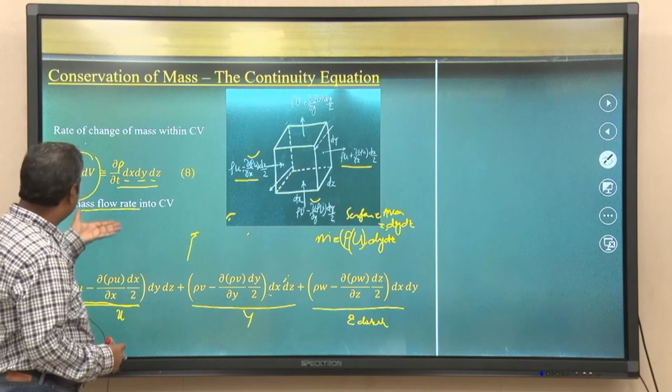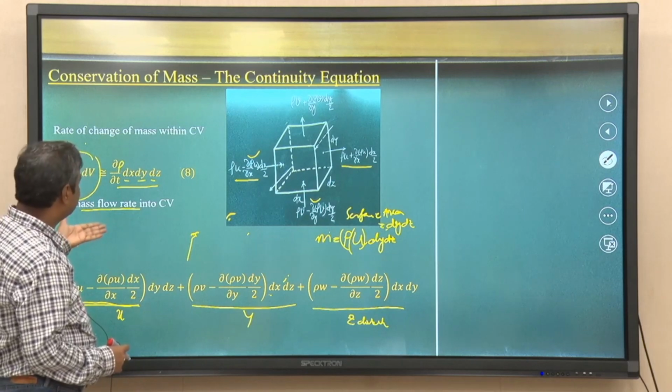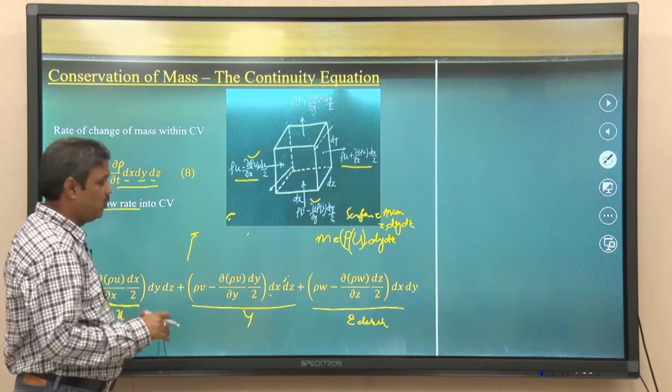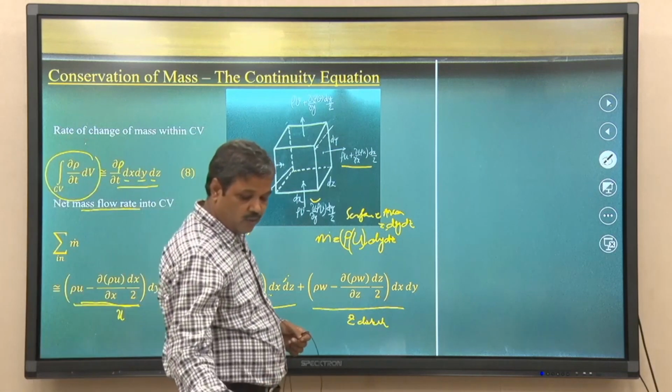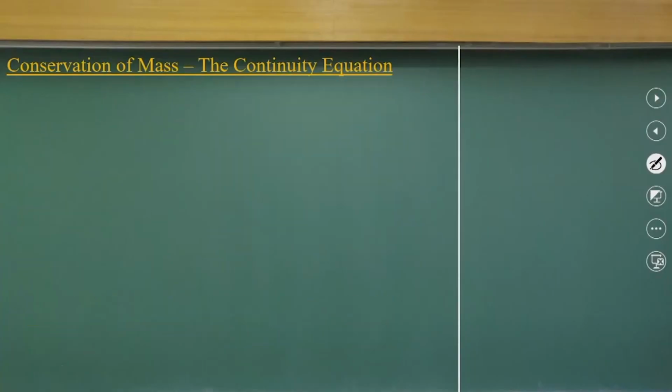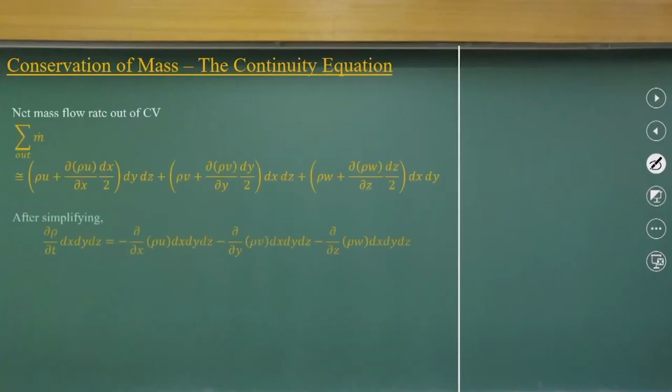This is the net mass flow rate into the control volume. In the same way, we can write the mass outflux, how much mass is going out from this control volume.